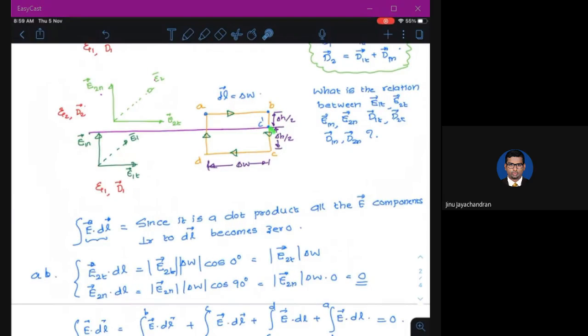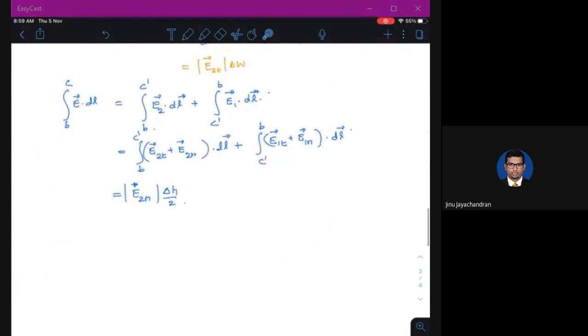The next is also delta h by 2, but from C dash to C. So I can write this as plus the magnitude of E1n into delta h by 2. And remember, this is in the downward direction, so there is a minus sign at the starting. So this is with a minus sign.